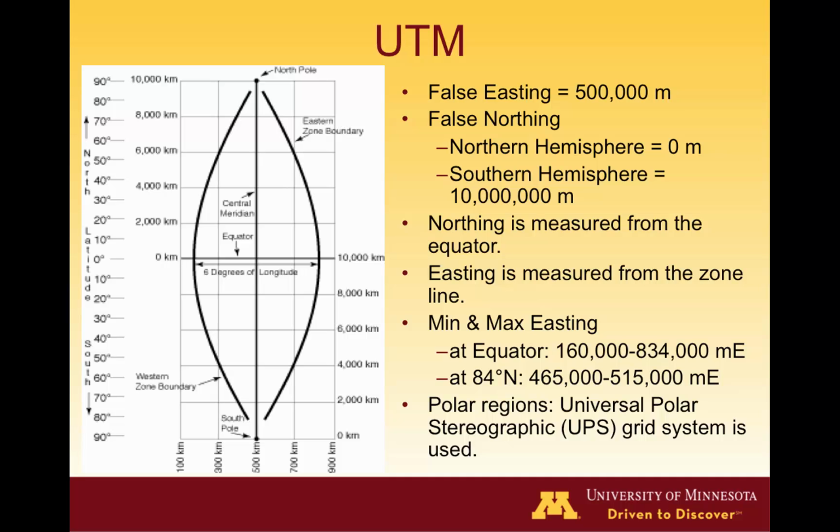Easting is measured from the zone line, which means that easting for every zone is from the zone line, rather than referring to a global position. For each single grid of the UTM coordinate system, you have a zone line to refer to measure the easting.